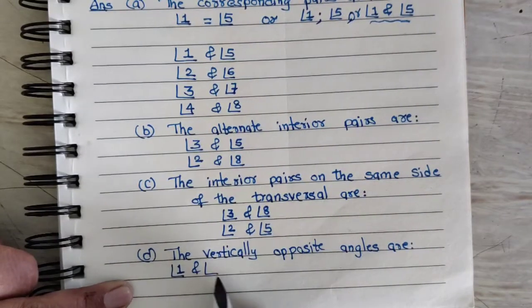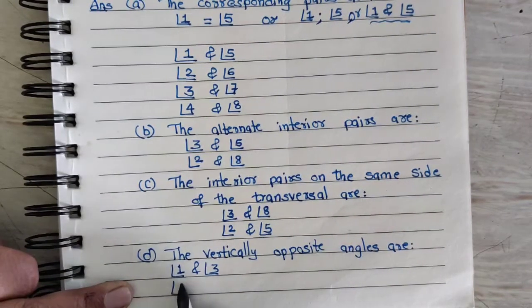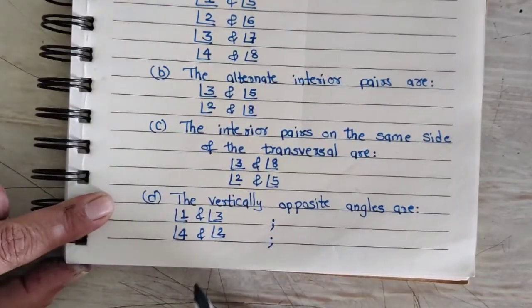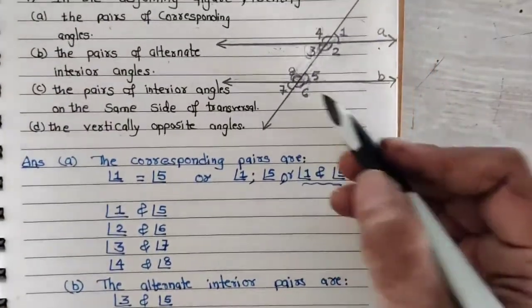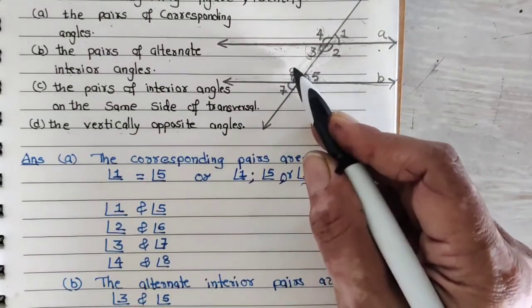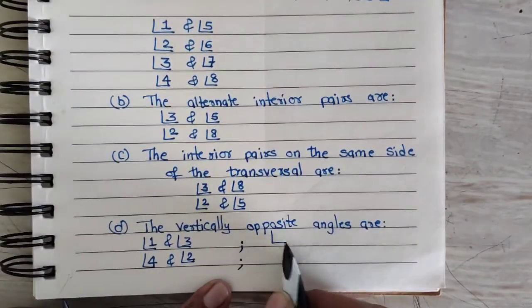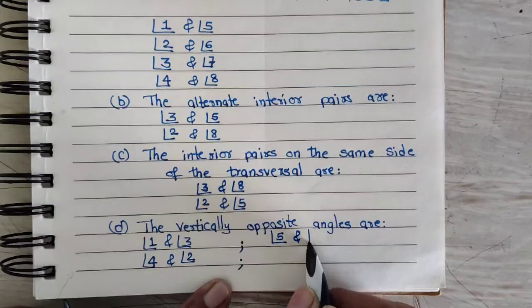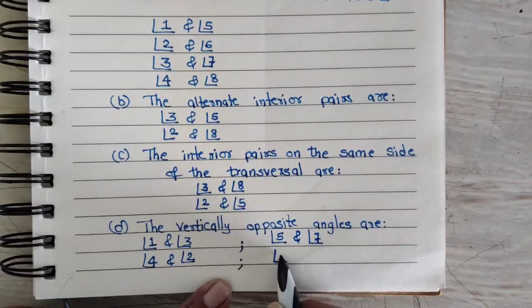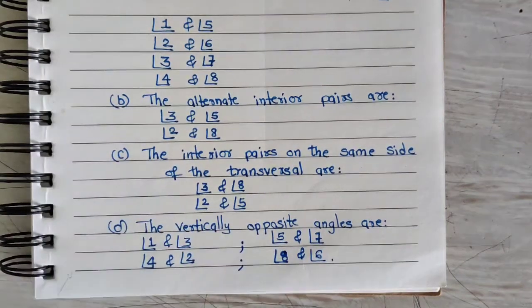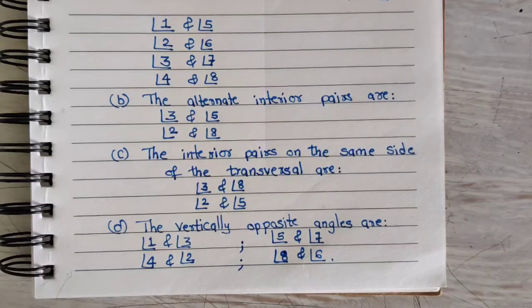Angle 1 and angle 3, angle 4 and angle 2. I'll be writing it next to pairs here as I'm not having the space below. So the next is angle 5 and angle 7, angle 8 and angle 6. So all the 4 pairs of opposite angles we have written.